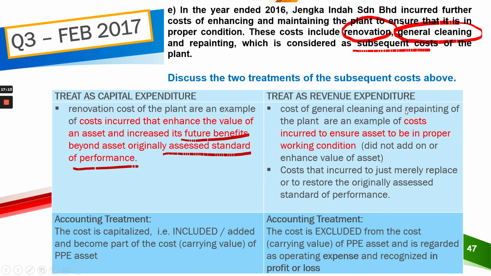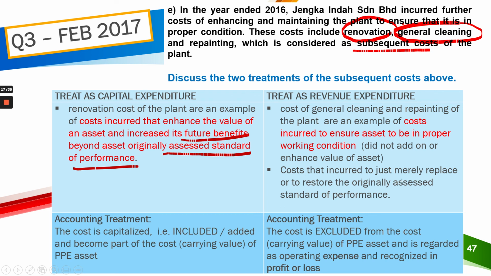The cost of general cleaning and repainting is an example of cost incurred just to ensure the asset is in proper working condition, merely to maintain it without adding to or enhancing the value of the asset beyond its existing standard. So it was just to maintain.